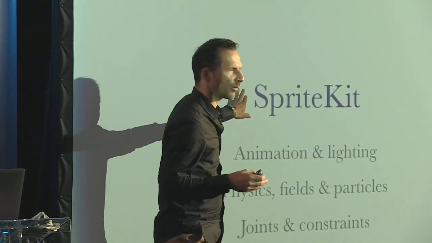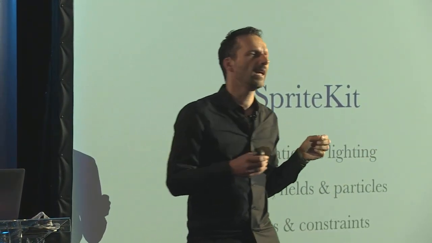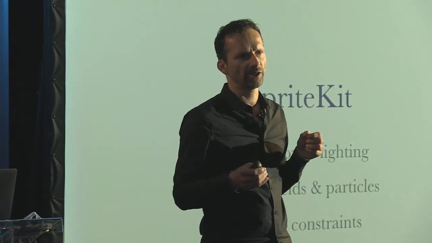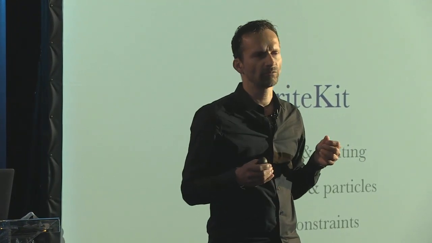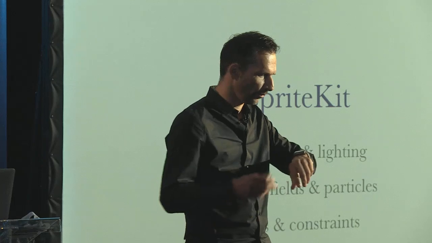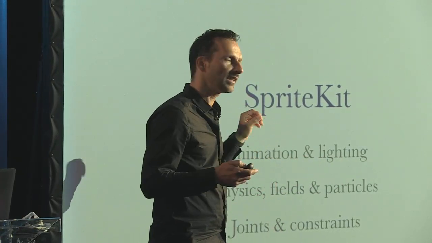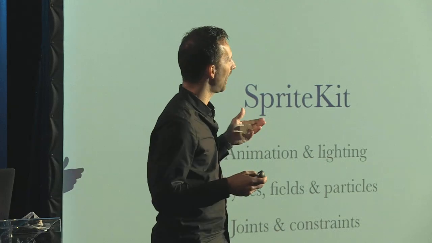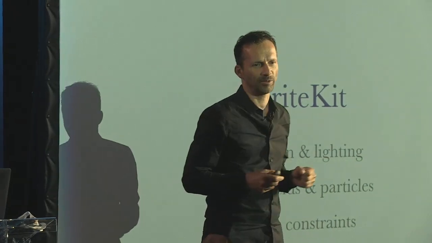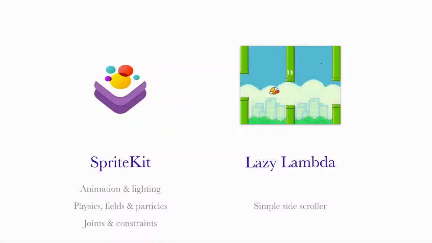So I've picked the SpriteKit framework, which is Apple's 2D animation and games engine, running on everything from Macs to Apple Watches. And I've picked a small example game as a running example for this talk, which you may find familiar.